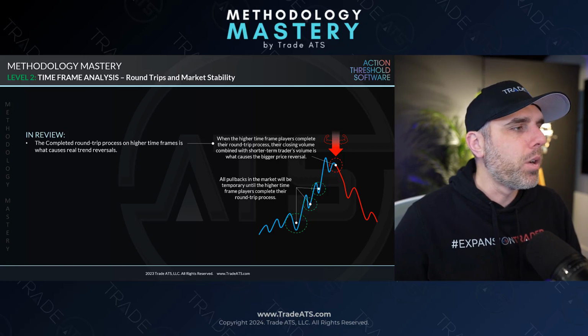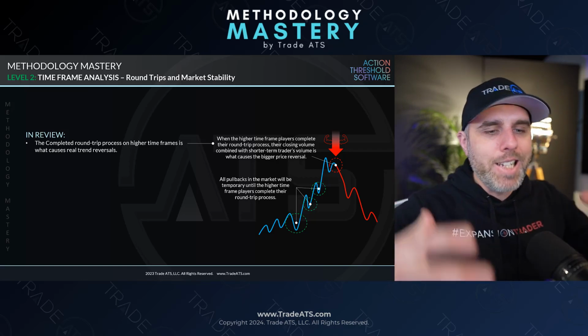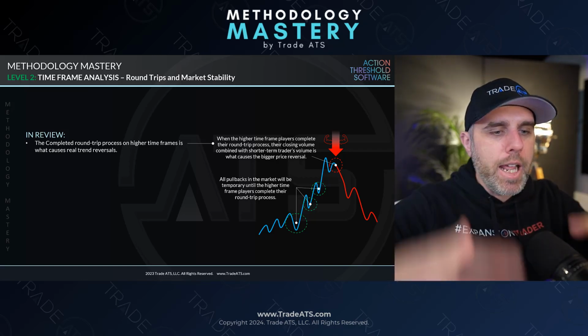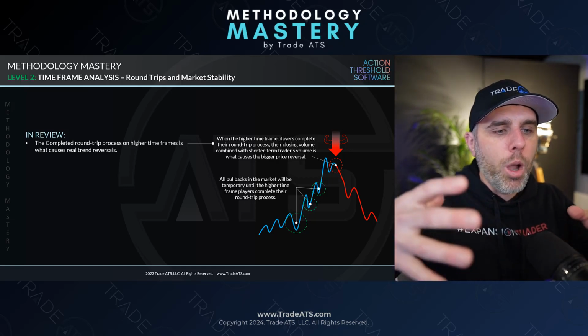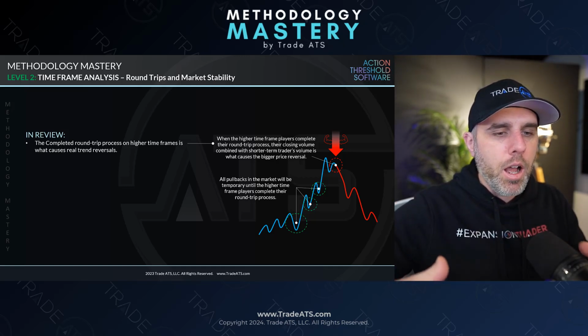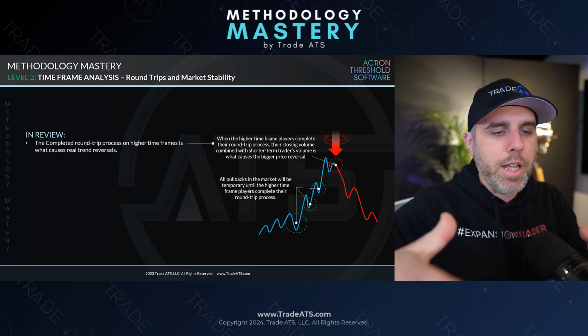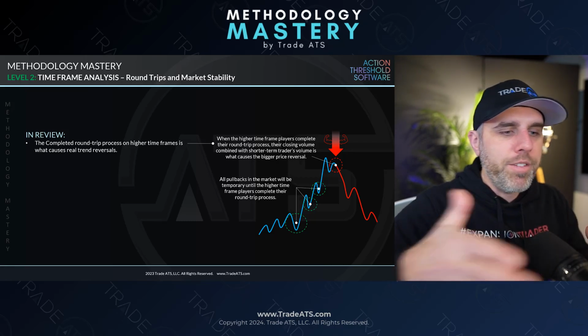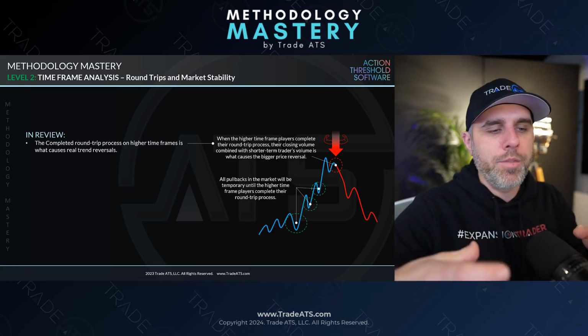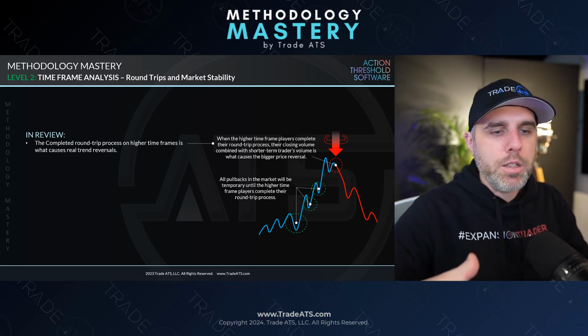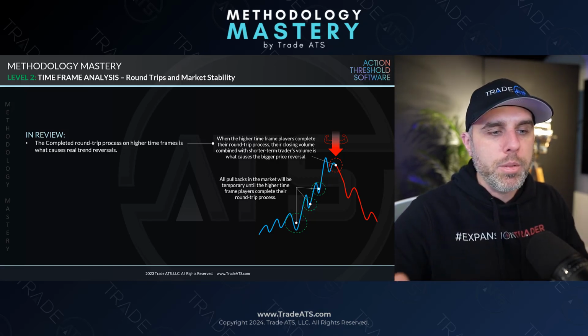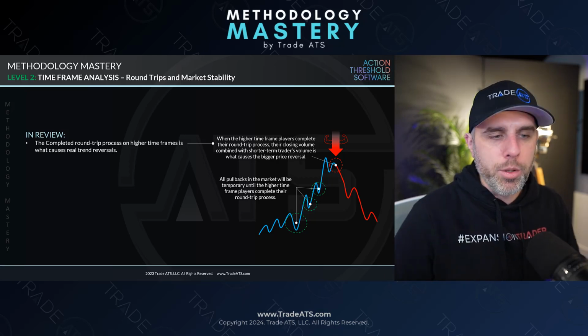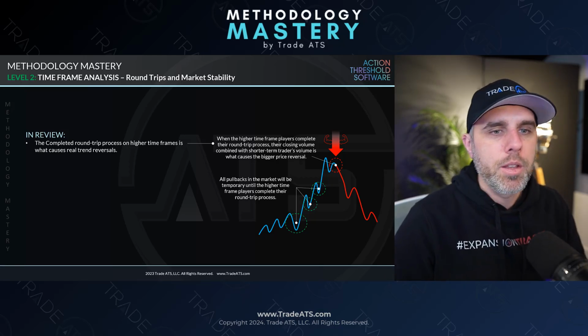If we're looking at daily traders looking at the daily chart, you would need over 50% of the people stabilizing that daily chart to change their mind. When 50% of those time frame specific traders complete their round trip or start a new round trip in the other direction, that's when you actually get a full-blown reversal. It's got to tilt the scale.